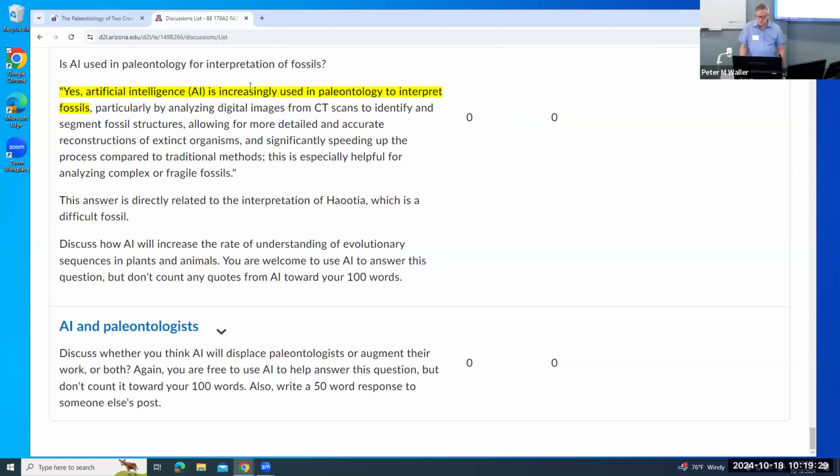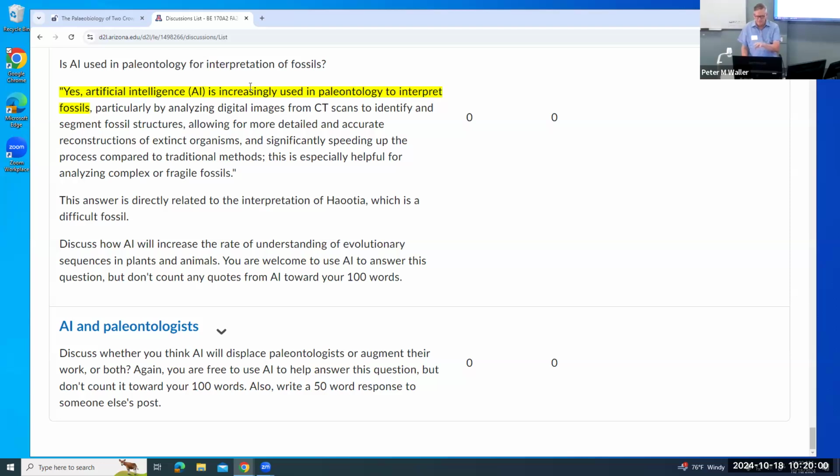Yes, artificial intelligence is increasingly used in paleontology to interpret fossils, particularly by analyzing digital images from CT scans to identify and segment fossil structures, just like what we just saw, right? Allowing for more detailed and accurate reconstructions of extinct organisms and significantly speeding up the process compared to traditional methods. This is especially helpful for analyzing complex or fragile fossils, exactly what we were looking at.